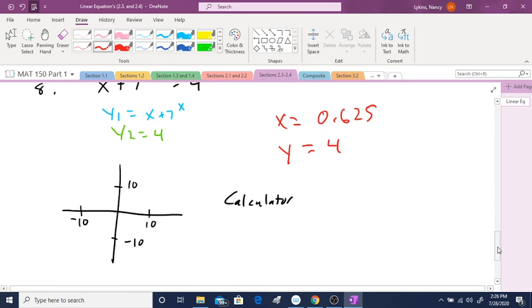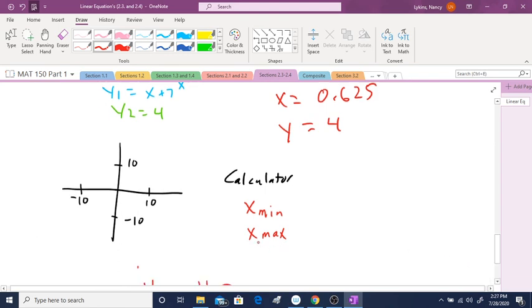You just hit window by itself. And you're going to get a lot of different values. I'm focused on X min, X max, and then Y min and Y max.